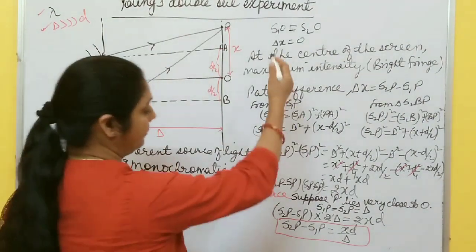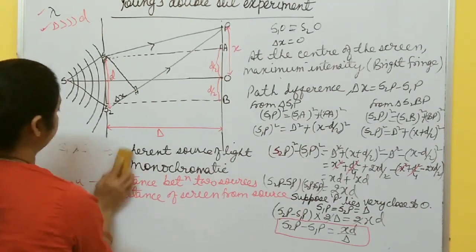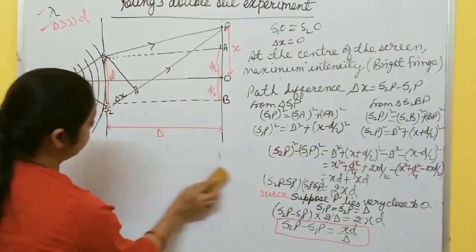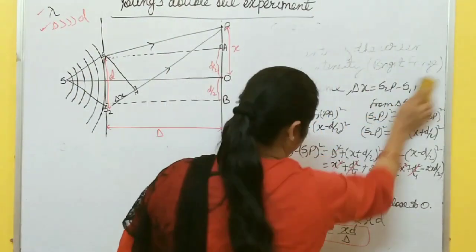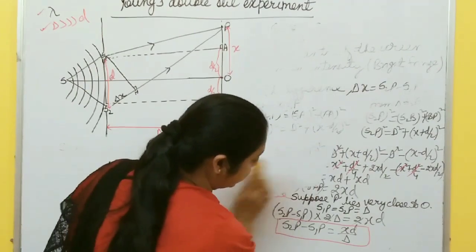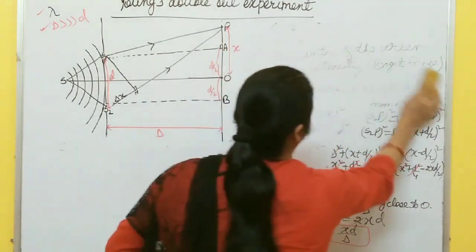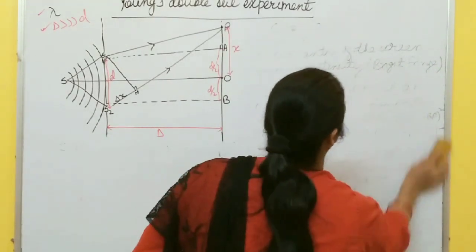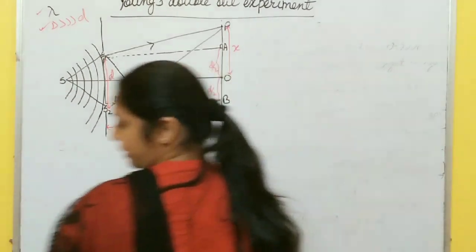So hope you have noted all these things. Okay, I am going to rub it, right? You must remember the path difference between the two sources at point P. This path difference is S2P minus S1P equal to x small d by capital D. Using this path difference, I am going to derive conditions for constructive and destructive interference.